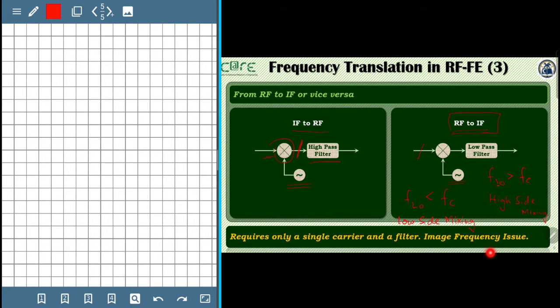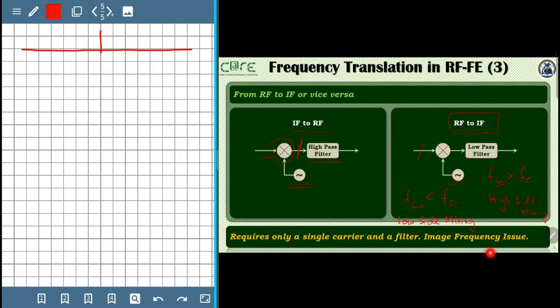And we can have a look at both these two cases visually in terms of the signal spectra. So let's first consider the first case. Let me first of all draw the spectrum of the incoming signal placed at F_C.